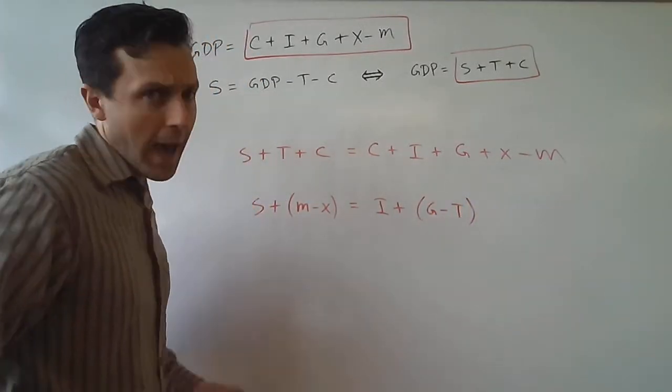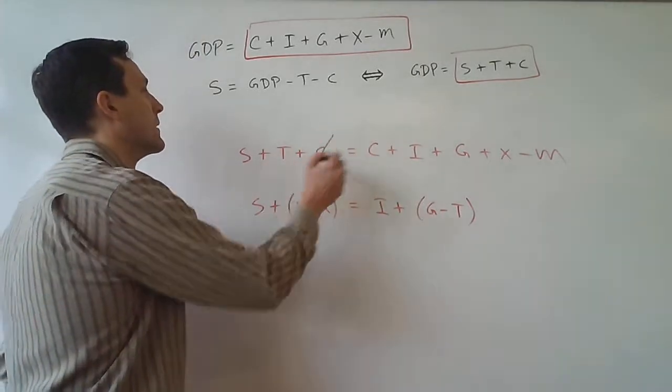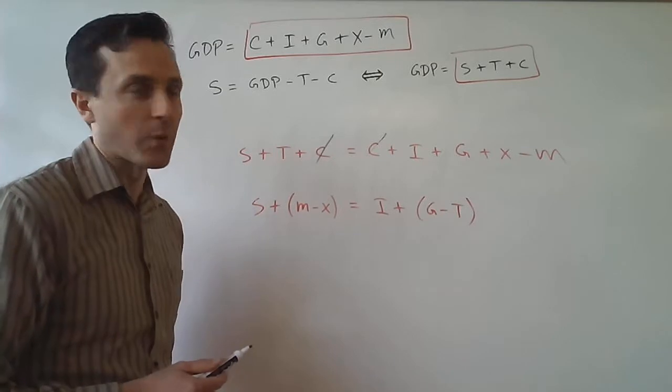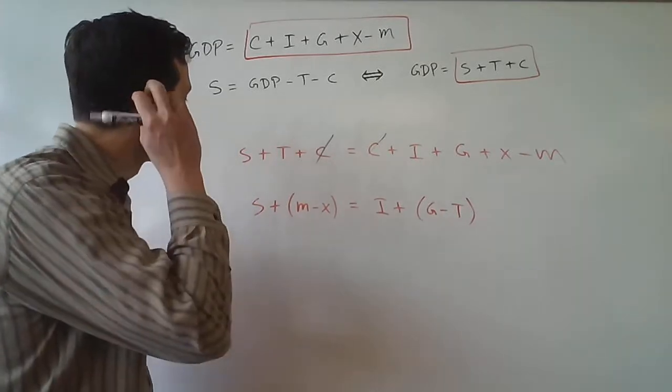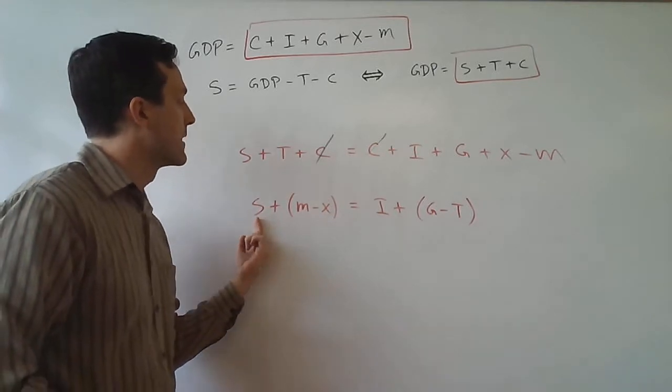Okay, and so right off the bat, especially since they're right next to each other, you can see that we can cancel the consumption on both sides of the equation, right? Those cancel. And so we'll keep savings on this side of the equation.